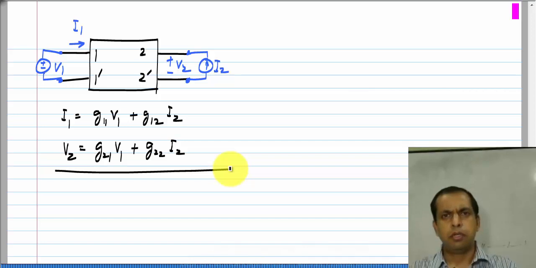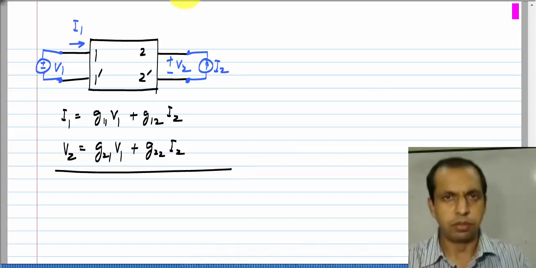Now, to measure this, again we will do 4 measurements with some independent source set to 0 each time.